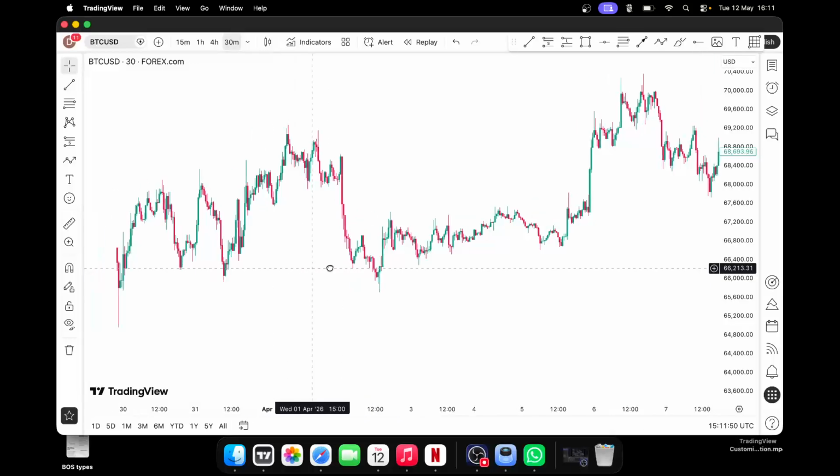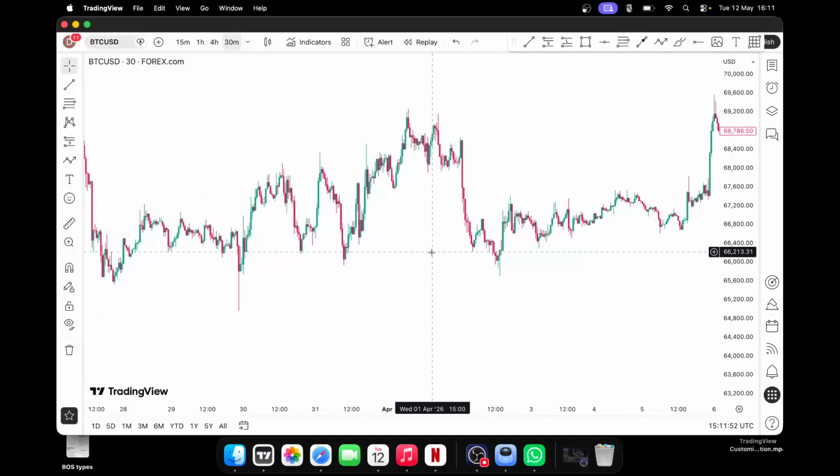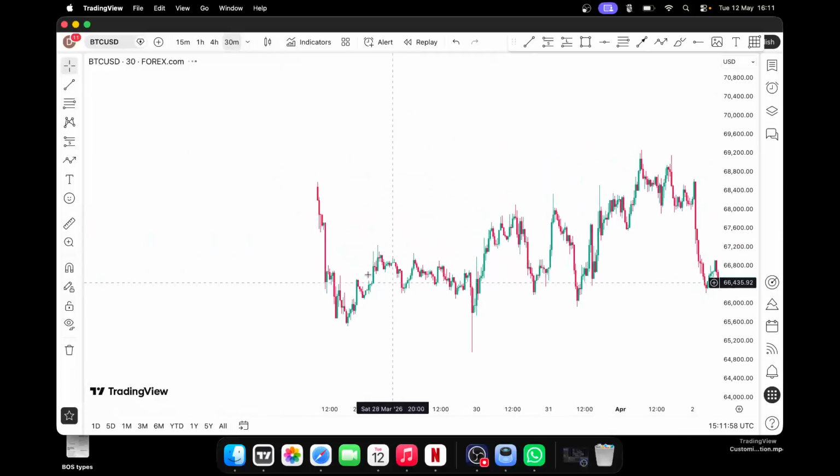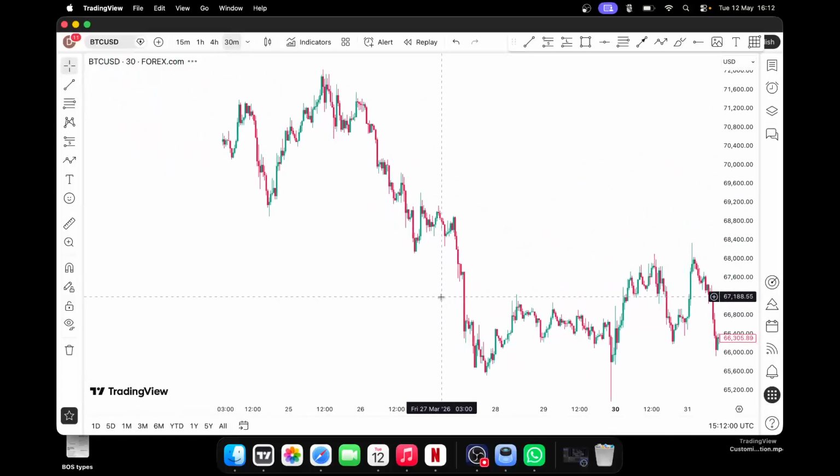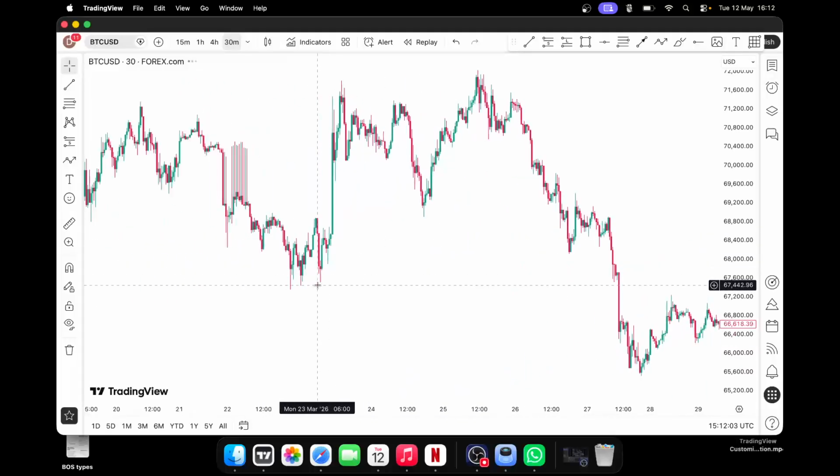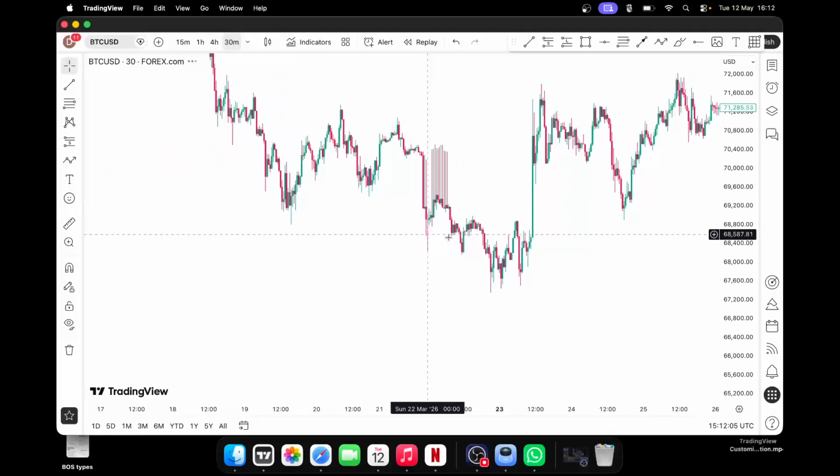Breaker block. So seeing a breaker block is not always like every time. The one that you just need to know very well is this order block, and I've explained it very well for you in a way that you understand it very well.